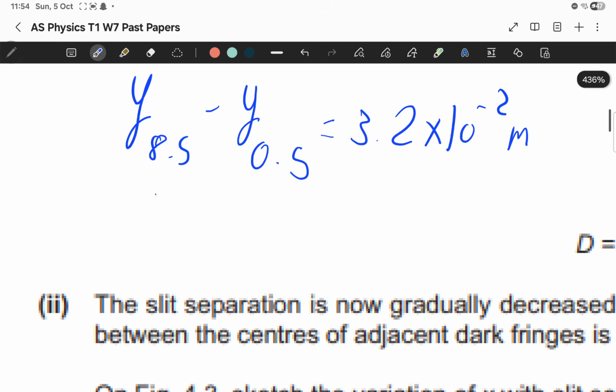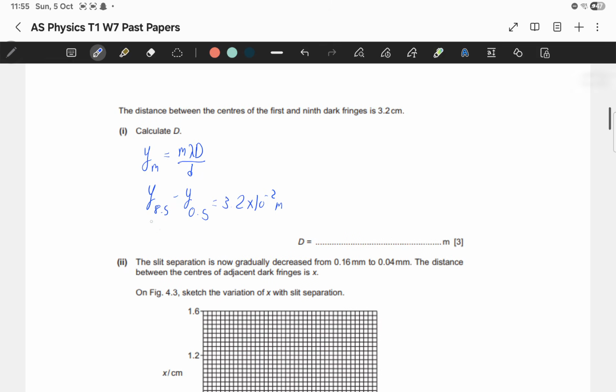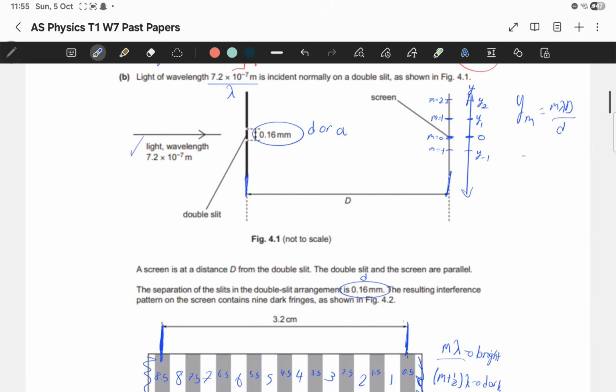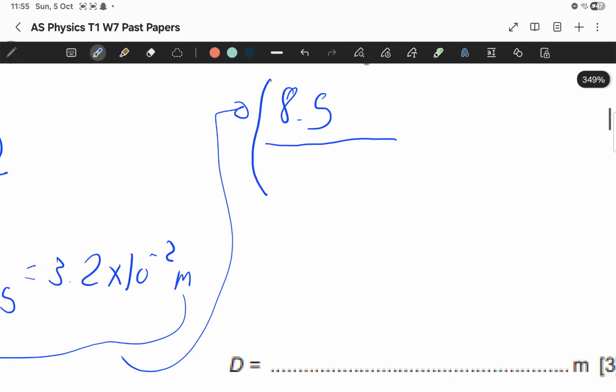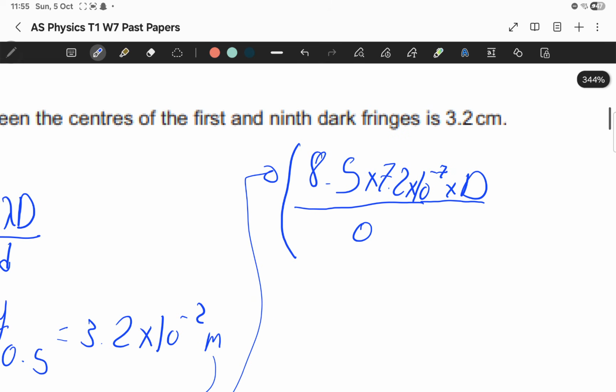So, for y of 8.5, we're going to have 8.5 times lambda, which is given as 7.2 times 10 to the power of negative 7, times D, over 0.16 millimeters, so 0.16 times 10 to the power of negative 3.